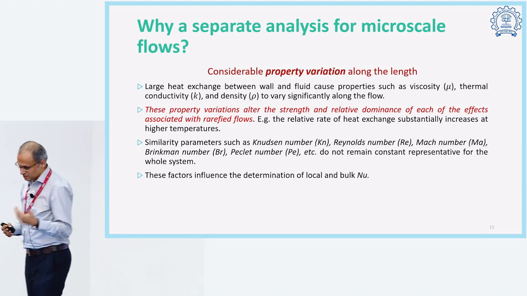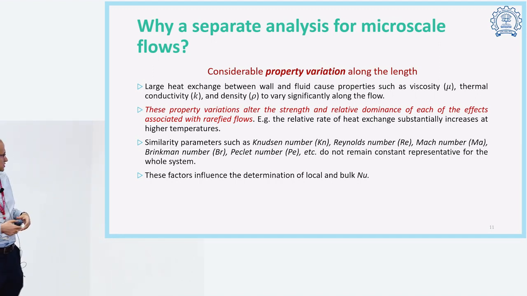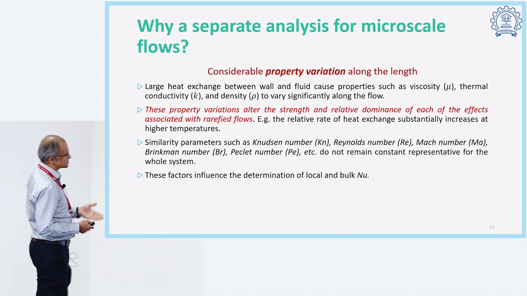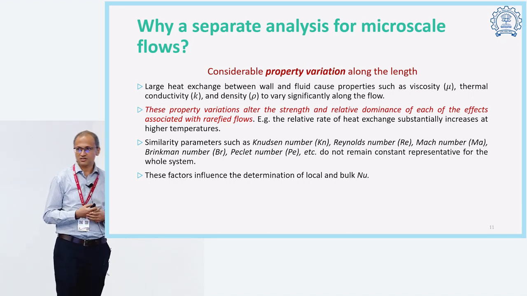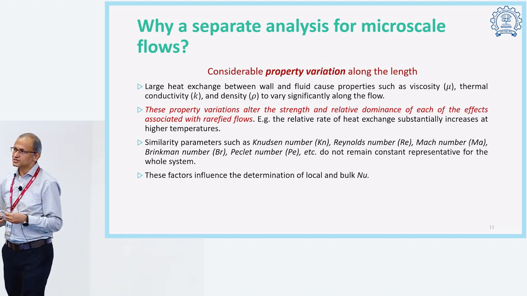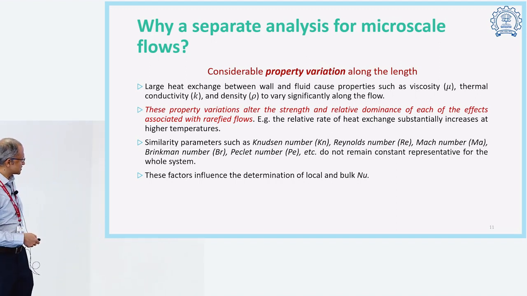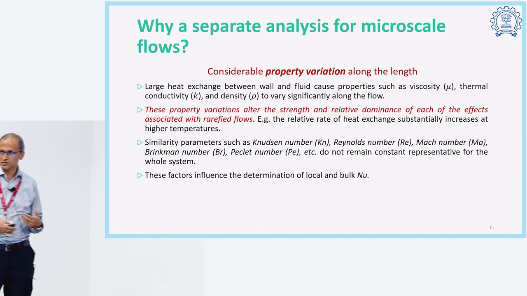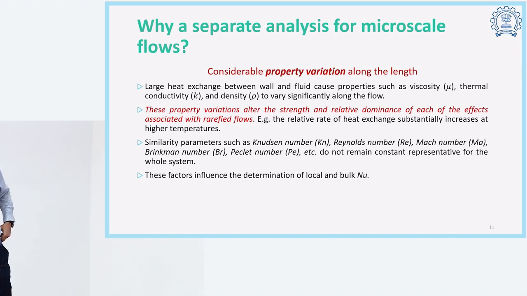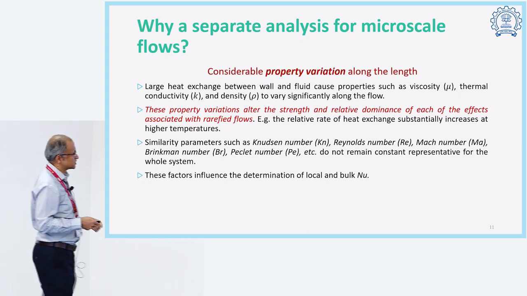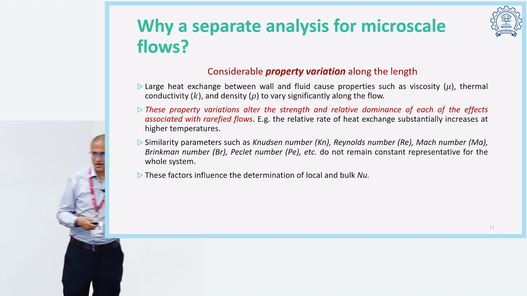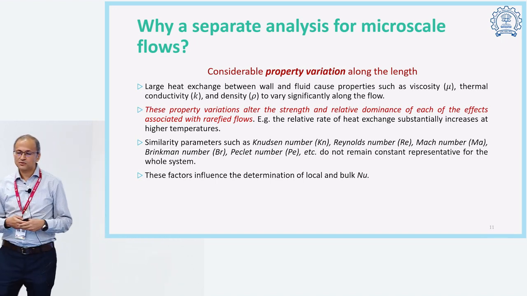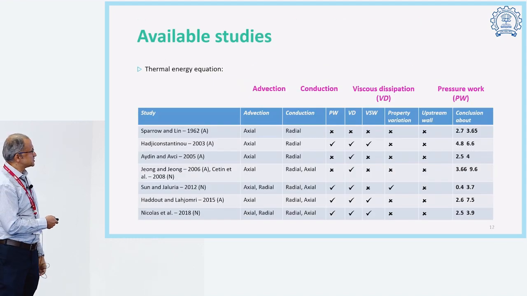Anywhere the temperature gradients are large, you will have to bother about it. The implication is profound in the sense that any of the non-dimensional numbers that you have, Knudsen number, Reynolds number, Mach number, Brinkman number, whatever you are using to characterize the system, are no longer constants, and we'll have to again worry about how to deal with it. So this is just to motivate why things are expected to be different.